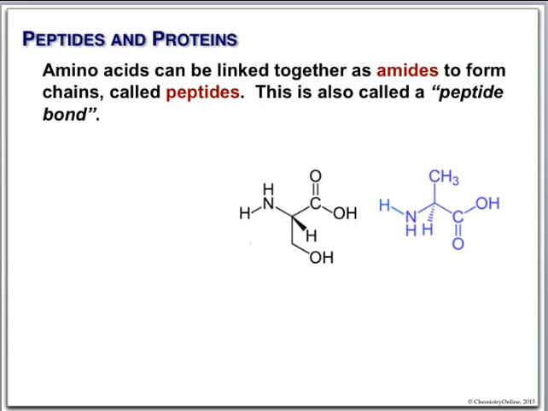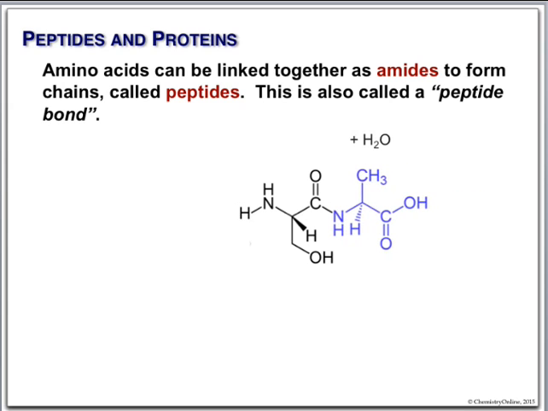But again, the amino group and the acid group. Now, we said that we could take the amino group of one and the acid group of another, and we could link these together. When we do that, we're going to lose water, and we're going to form another functional group. And that's called an amide.